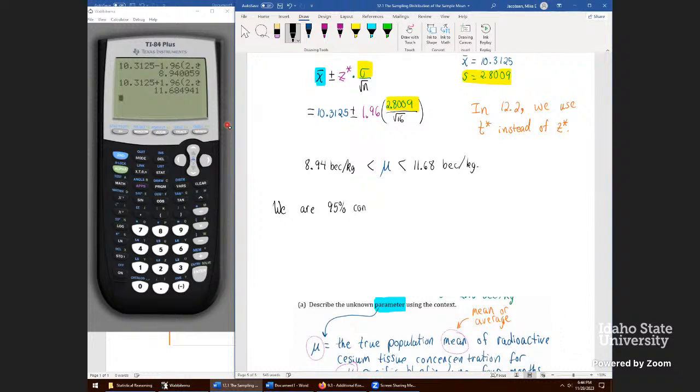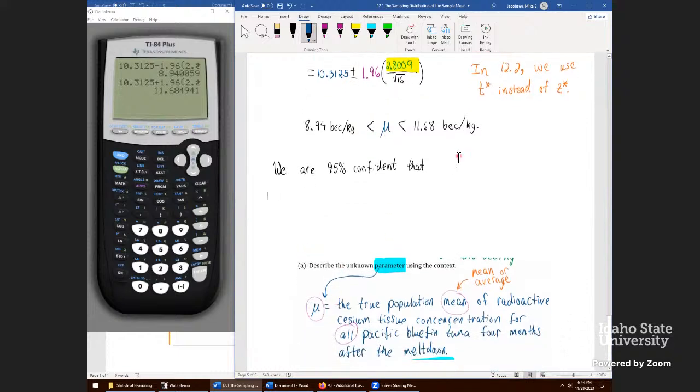95% confident that, now we just have to say what mu is. It's specified down below, so let's read it out. That the true average of cesium tissue concentration for all tuna.